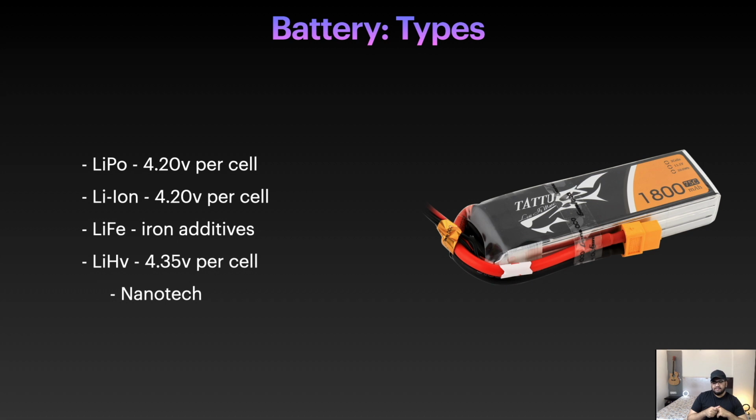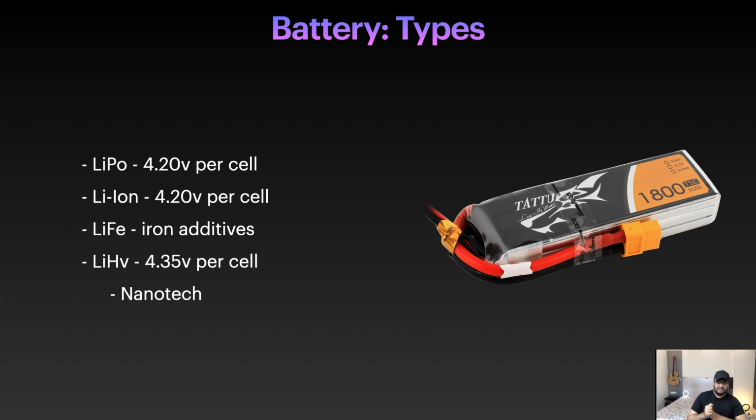Then there are some new batteries which are being adopted in the drone community. LiFe is another one. It has some iron additives with lithium. And a new battery which is getting mainstream is Li-HV or lithium high voltage, and as the name suggests, the per cell voltage at full charge is 4.35 volts. Remember when I talked about the motor kV rating, the RPM depends on the voltage.